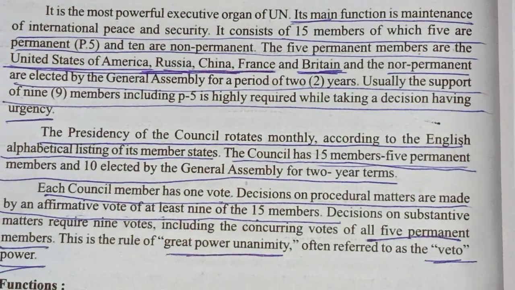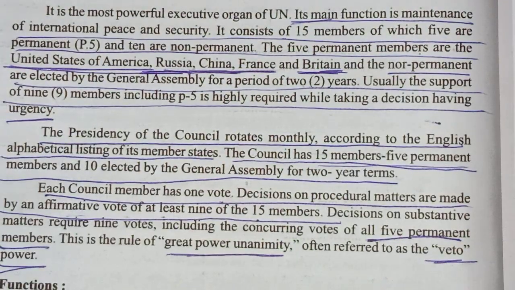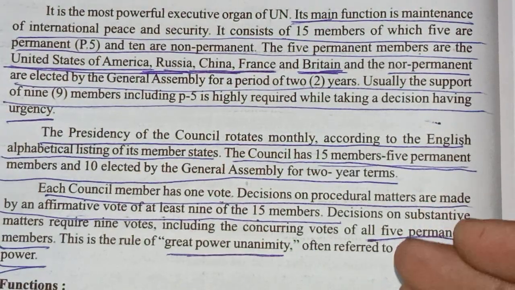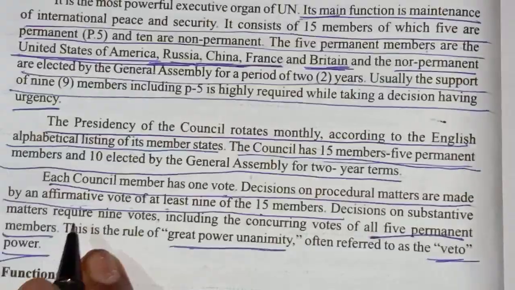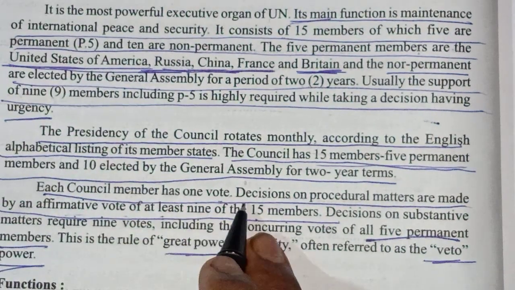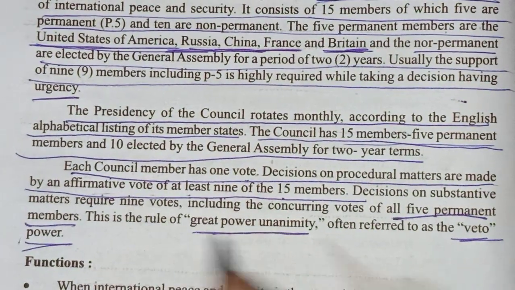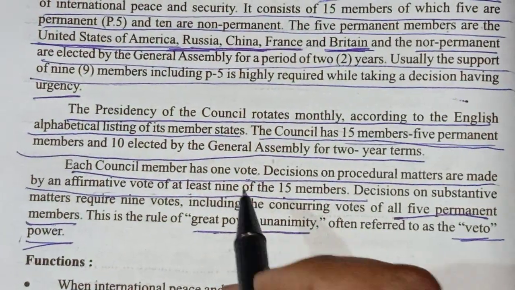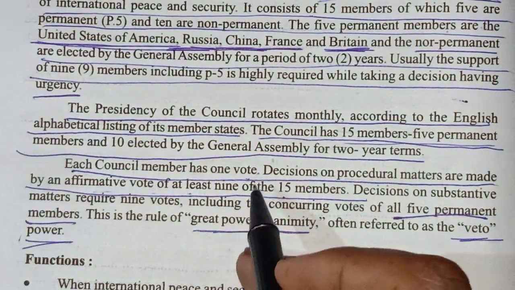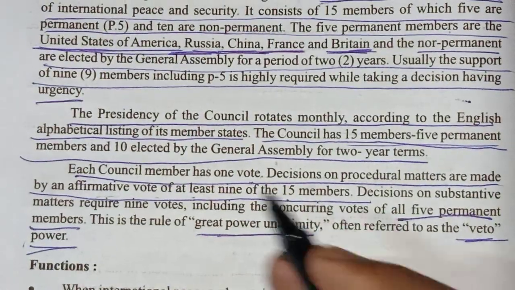After that, new non-permanent members will be elected. Each council member has 1 vote. That means there are 15 votes only.